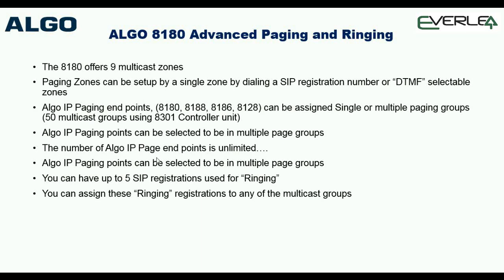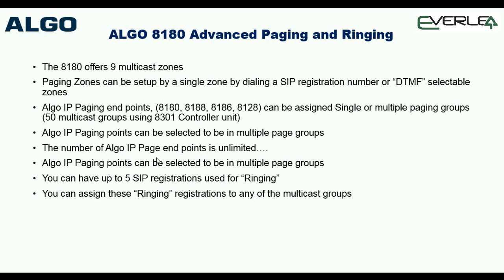We could have a second SIP registration that will ring in a totally different ringtone. We could even have a recording and load it up saying, this is a call from ABC company, and it keeps repeating.